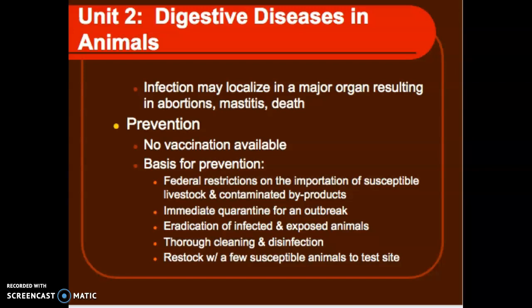And so immediate quarantine and then eradication of infected and exposed animals, severe cleaning and disinfection, and then even if you had to eradicate your operation, they would restock that farm with a few susceptible animals to test the site to see if that bug is still there, if that virus is still living on the farm. So it's a really, really concerning and crazy disease.